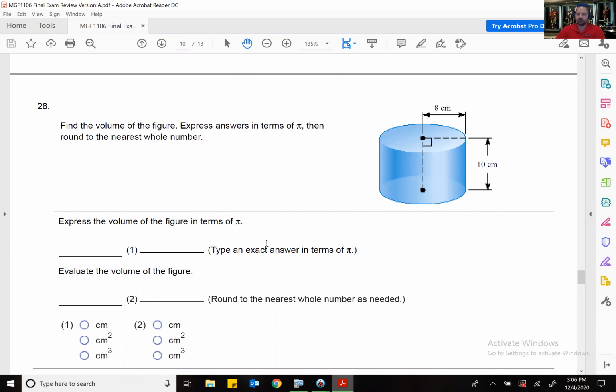So 28 is a lot like what we did on number 26, except this time we're talking volume, and we've got a cylinder. So the first thing they want us to do is find the exact volume. And then they want you to find the rounded volume. And we're going to round to the nearest whole number this time.